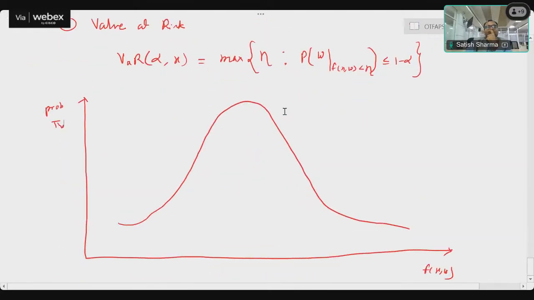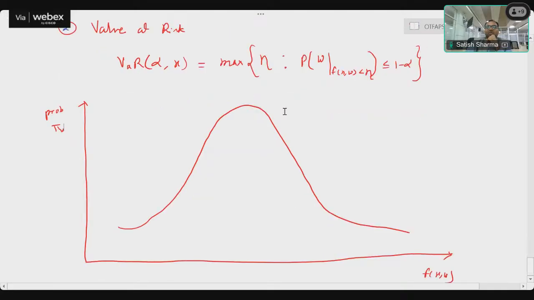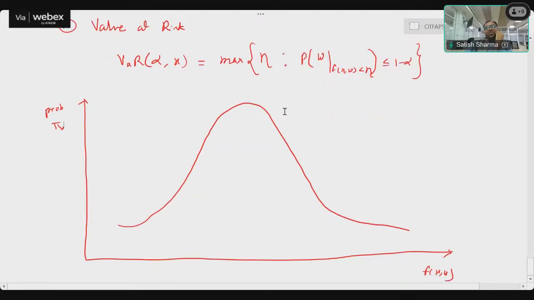Now, conditional value at risk: you have to provide some confidence level, that is, how much confidence there is in the profit. So let's say if alpha is 90%, it means 1 minus 90 will be 10%.